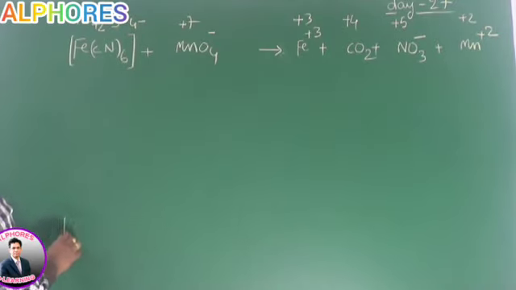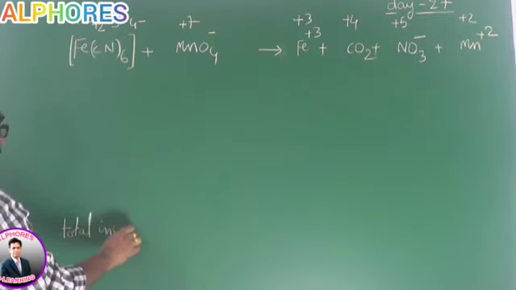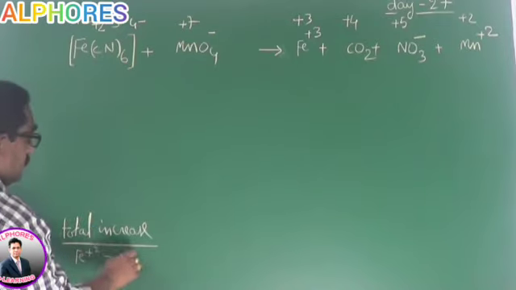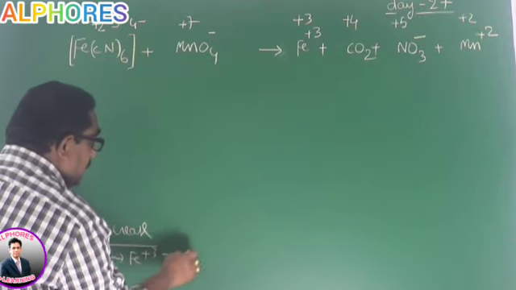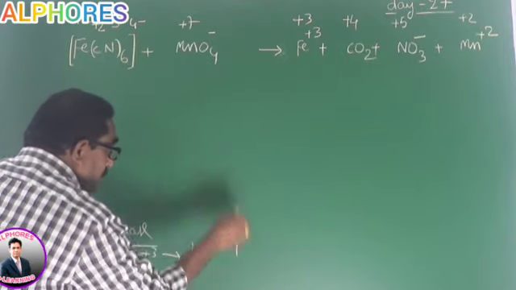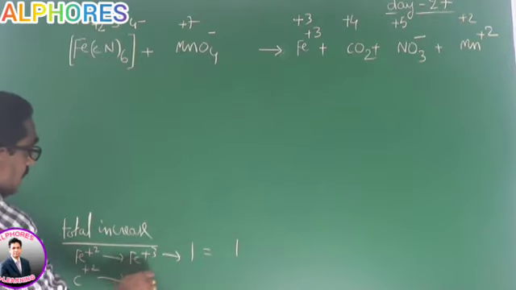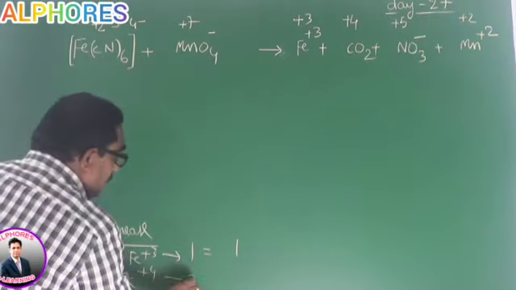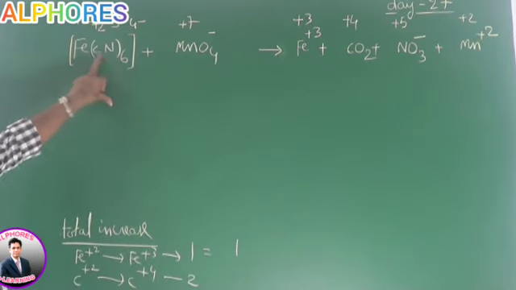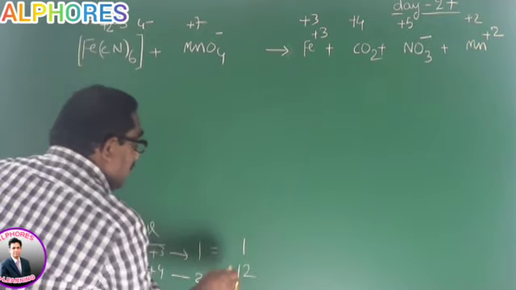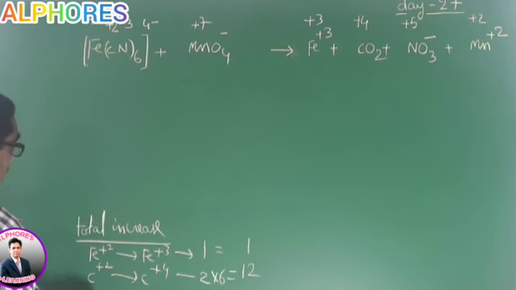Let me calculate the total increase. Write down students, total increase. Iron +2 to +3, change 1, only 1. Next carbon +2 to +4, change is 2, but 6 such carbons are there in the species, so 12. You should write total change.